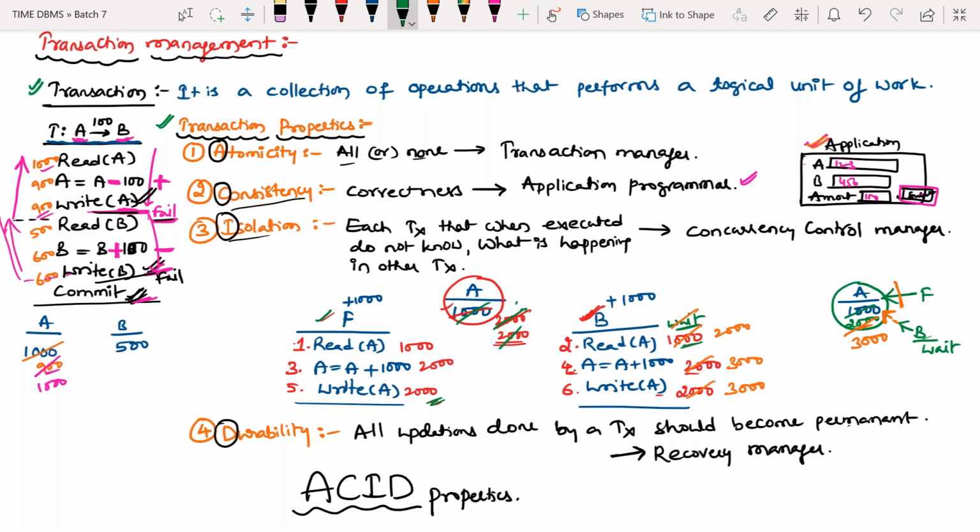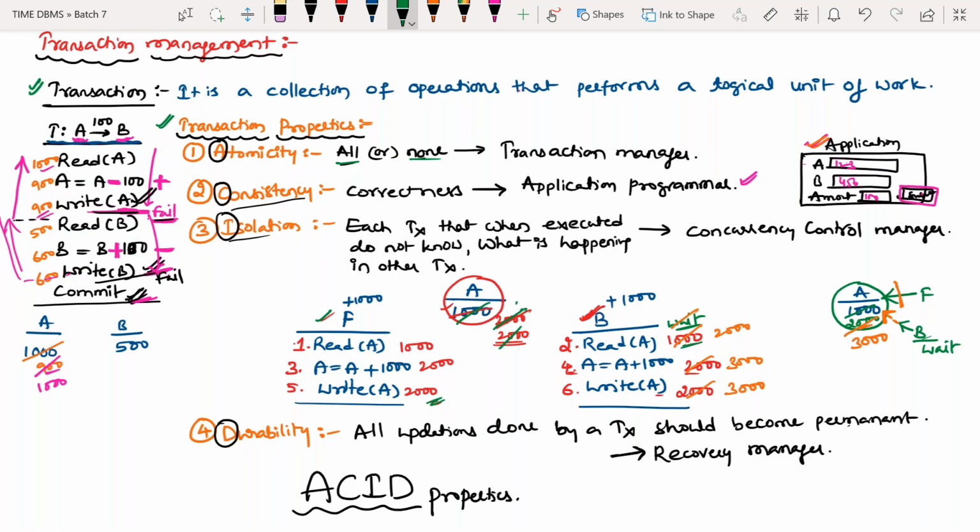Atomicity says execute all the operations of a transaction or none of them. Consistency says the database system is correct before and after the transaction. Isolation says each transaction is independent of other transactions, means each transaction doesn't know what is happening with other transactions. Durability says all updates done by a transaction become permanent updates.